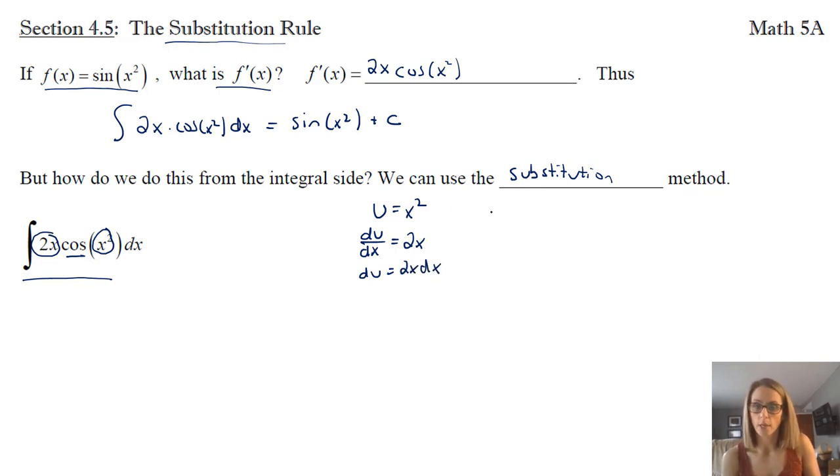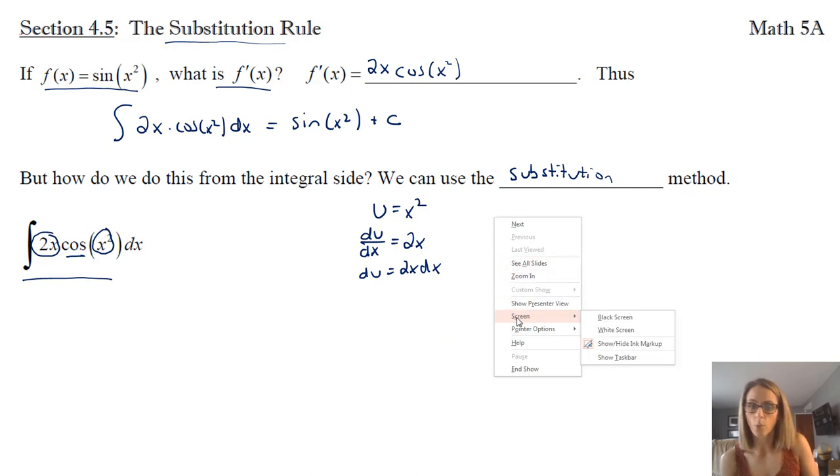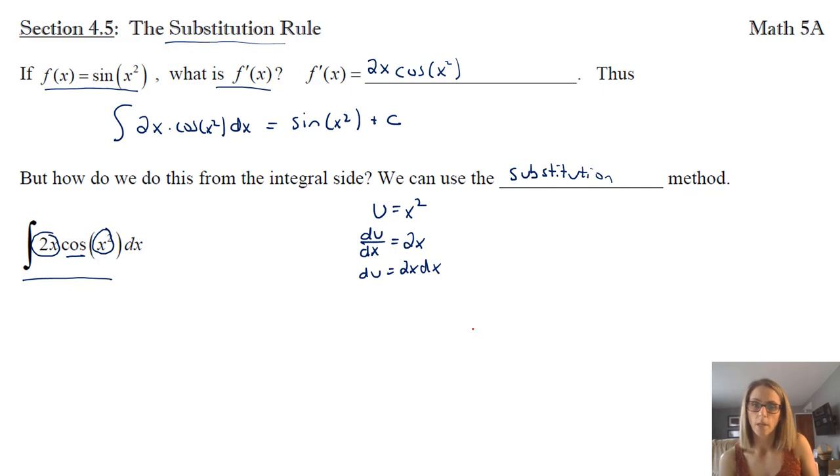Now the reason that I do this is because now it allows me to change this integral into things that only have u and du instead of x. So my x squared is going to become u. And my 2x along with my dx, this piece right here, is going to become du.